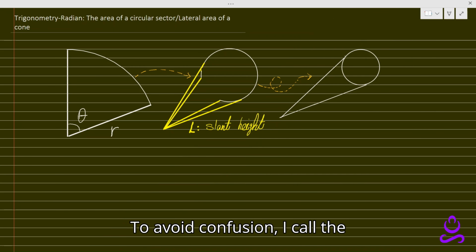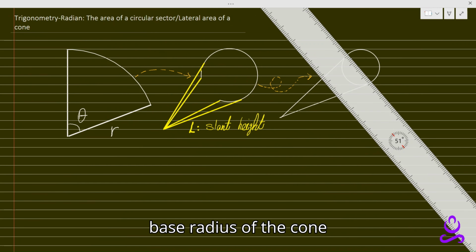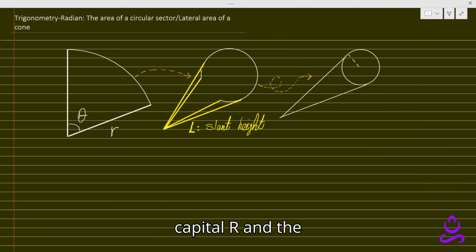To avoid confusion, I'll call the base radius of the cone capital R and the radius of the sector lowercase r.